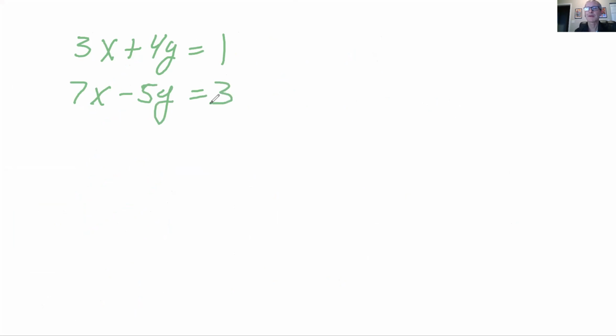And so the idea is what we call this D determinant, is the coefficients from the variables.